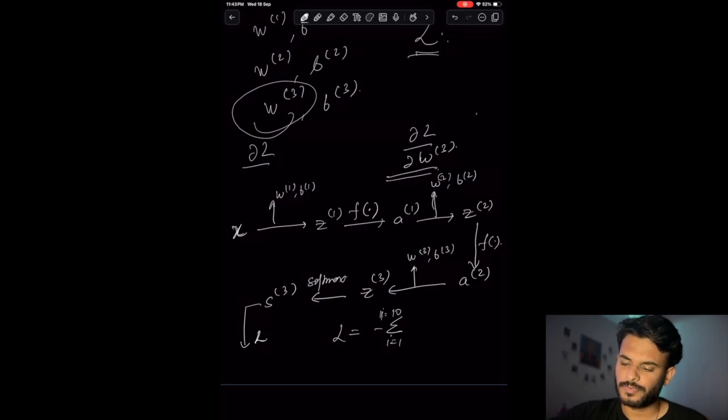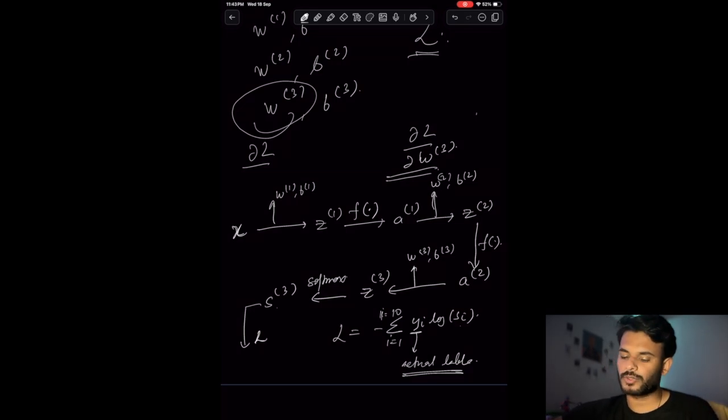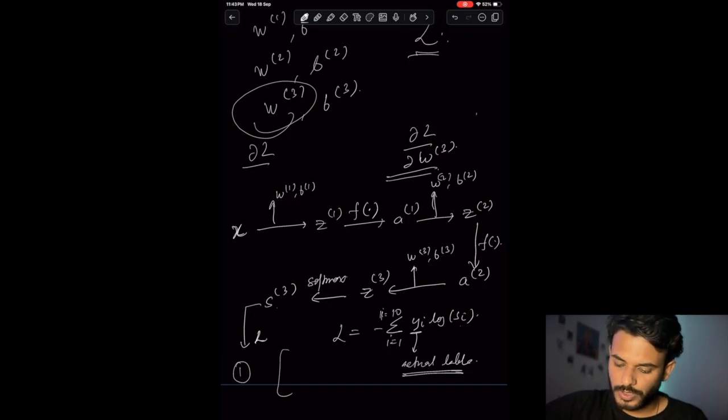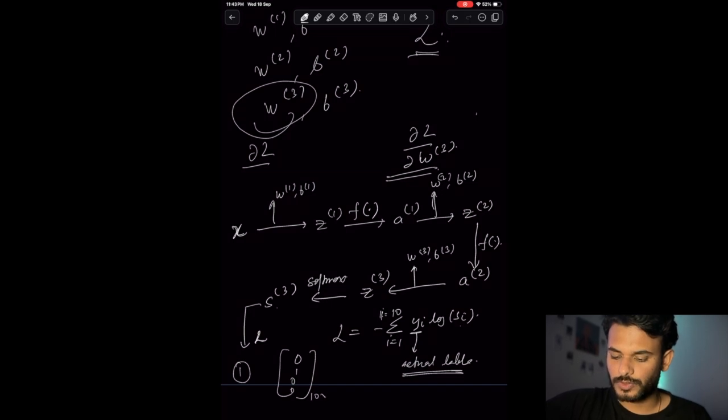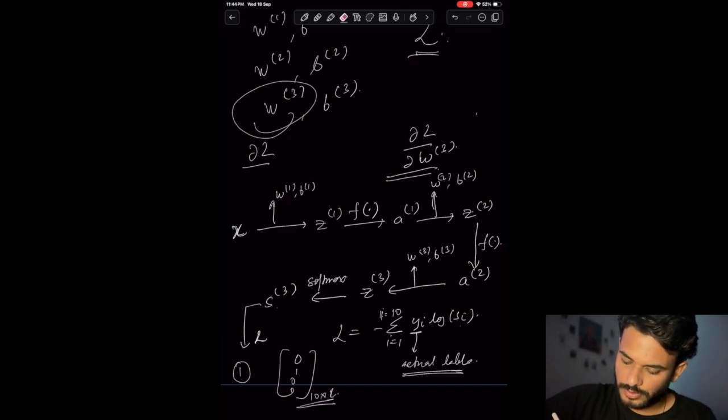Here si is coming from softmax, and y is the actual label. Remember, y is a one-hot encoded vector. So if in your image the digit is 1, it will be something like 0, 1, then the rest all 0, and this will be 10 cross 1 for our particular case. So this is pretty much our flow.